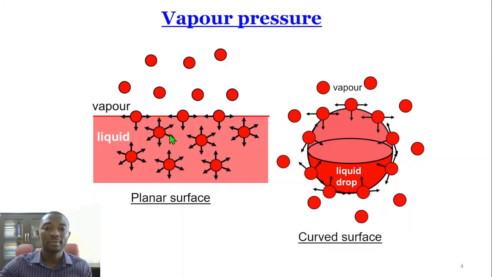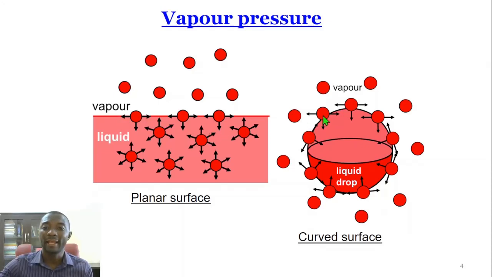These arrows around the tiny little red circles represent the interaction between the liquid molecules. So at the surface, there is a very good interaction between the molecules, as indicated by the arrows pointing directly to the molecules.